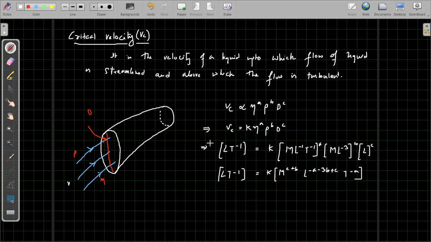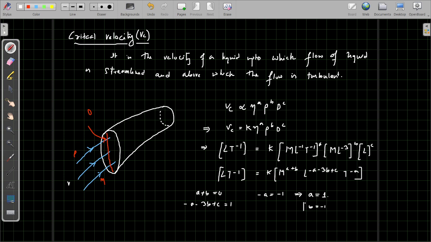We can compare the powers of the fundamental quantities on the left-hand side and right-hand side. We see that A plus B is equal to 0, minus A minus 3B plus C is equal to 1, and minus A is equal to minus 1. This clearly implies that A is equal to 1. If A is 1, then B is clearly minus 1.